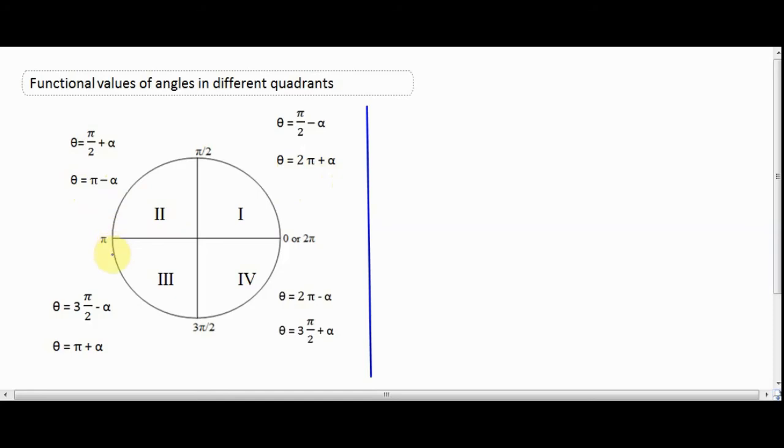Okay. In the same fashion, we may represent angles in third and fourth quadrants like this. Okay, here the angle alpha will be less than 90 degree and greater than or equal to 0 degree. So it falls in the interval 0 degree to 90 degree.